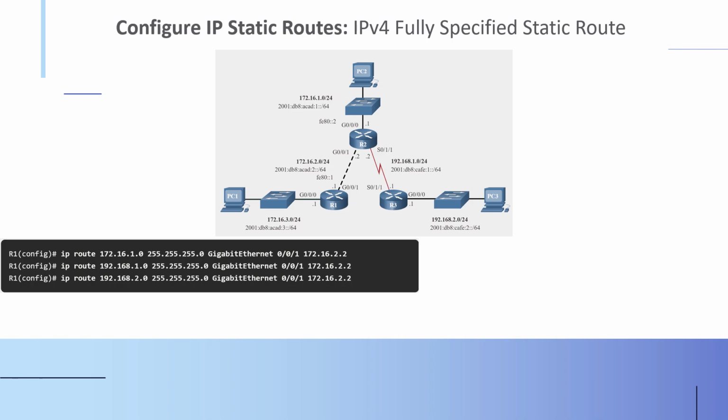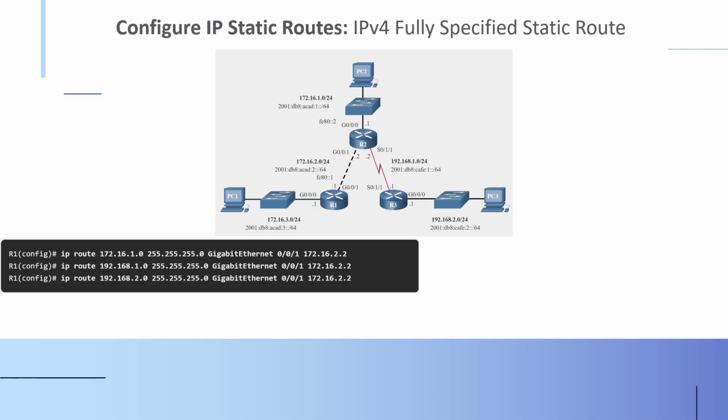In this topology, which is slightly different from the topology that we had before, we have 172.16.1.0 with the subnet mask 255.255.255.0, which is the network connected to router 2 through interface GigabitEthernet 0/0.